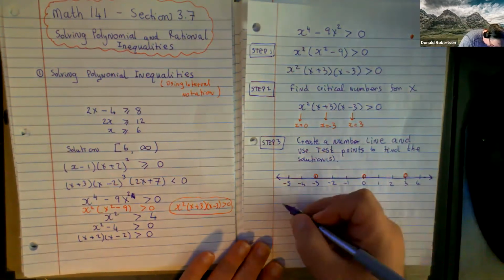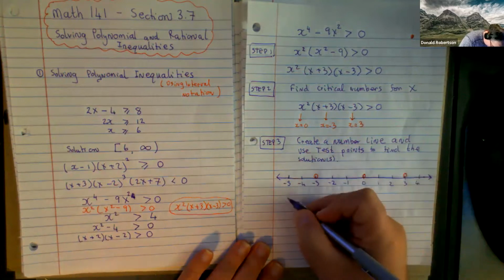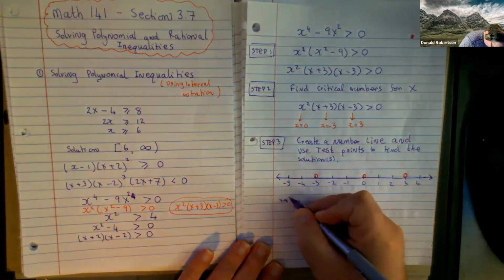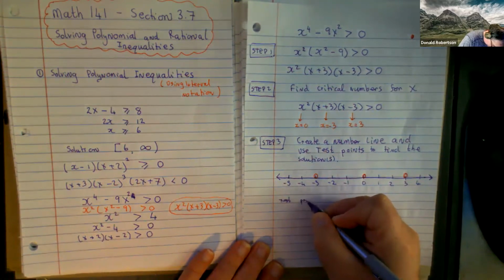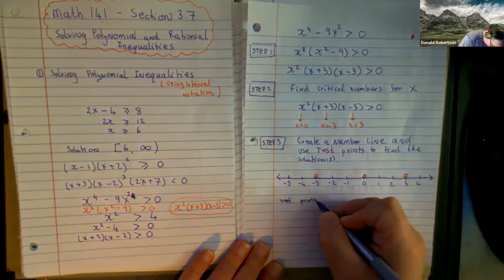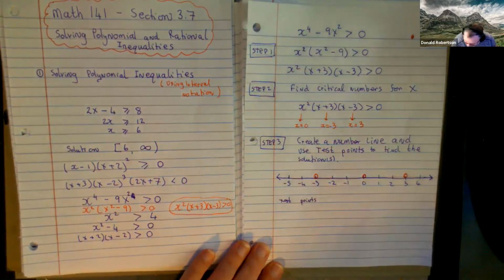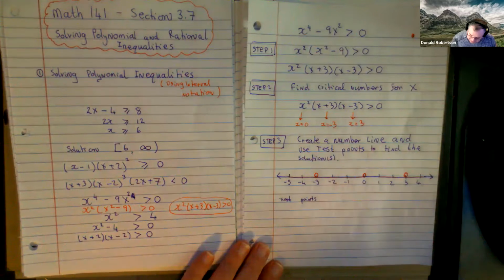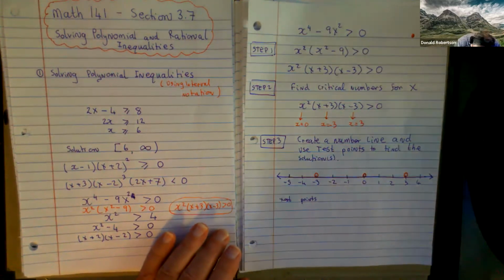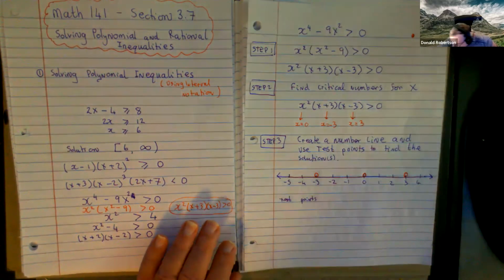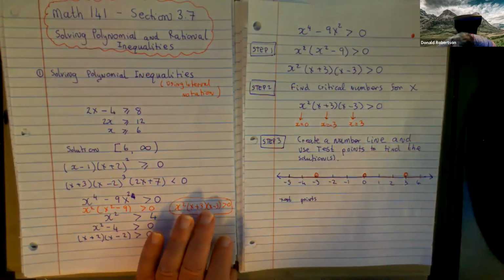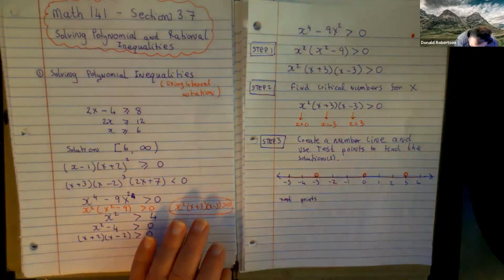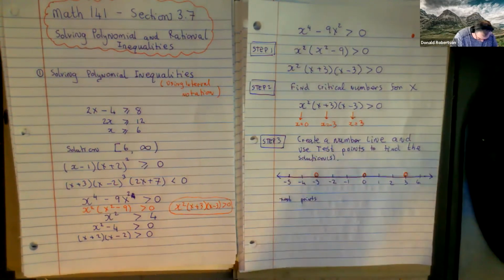Now the test points, which is this bit. Essentially, what we've done here is taken the number line and kind of broken it a little bit. Try to find some green pen. All my green pens are gone. Okay, so I'll use red.